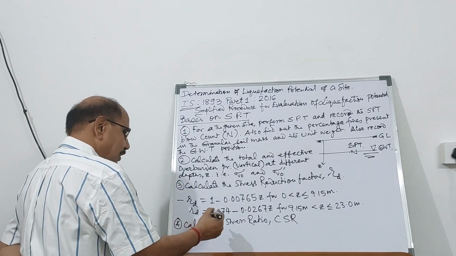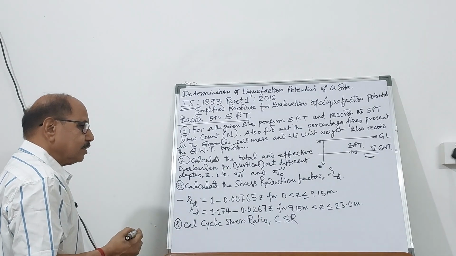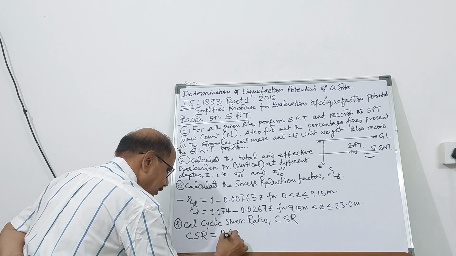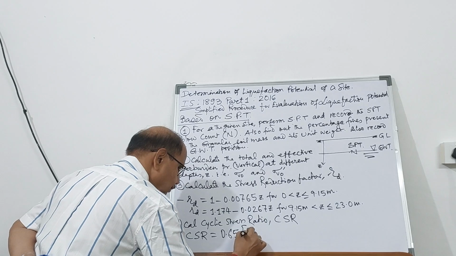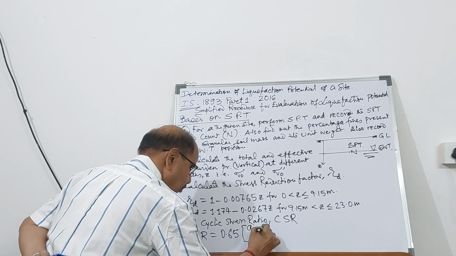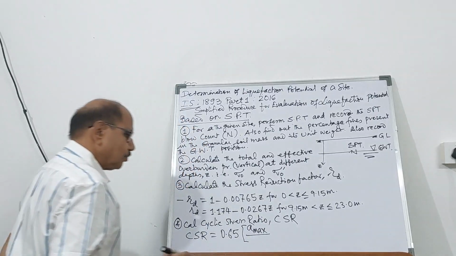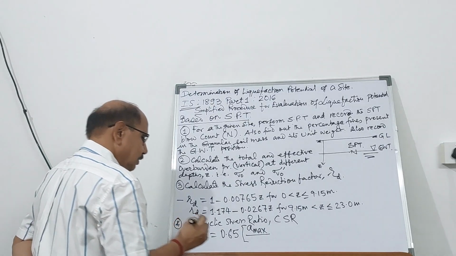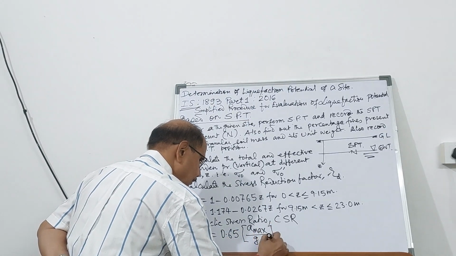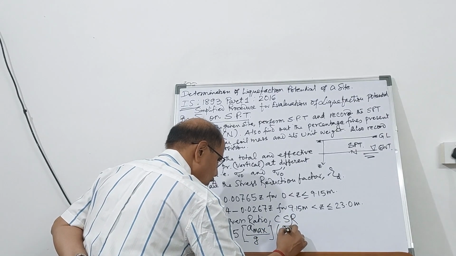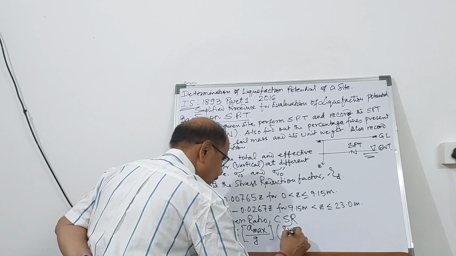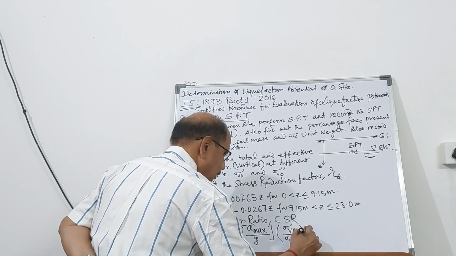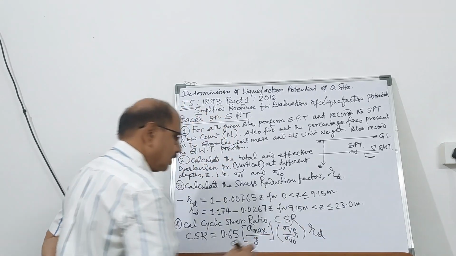So here the value of CSR you can calculate, and that is given as 0.65 into maximum acceleration or peak ground acceleration divided by G, into vertical overburden pressure upon effective vertical overburden pressure, into a reduction factor.